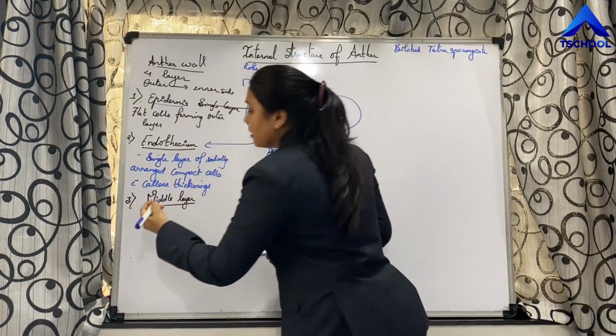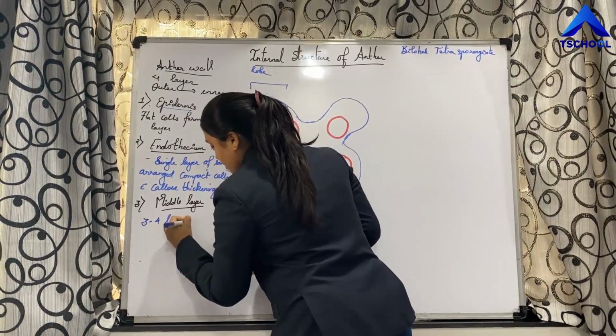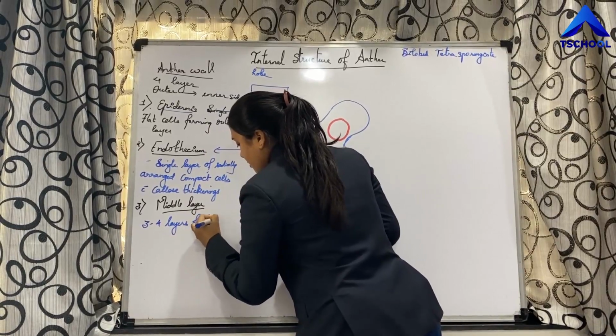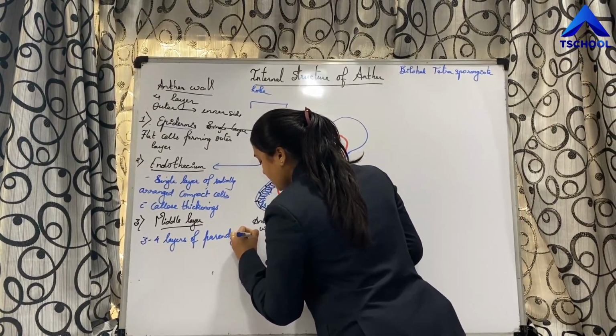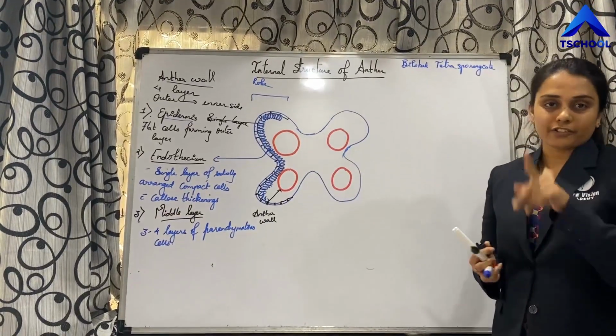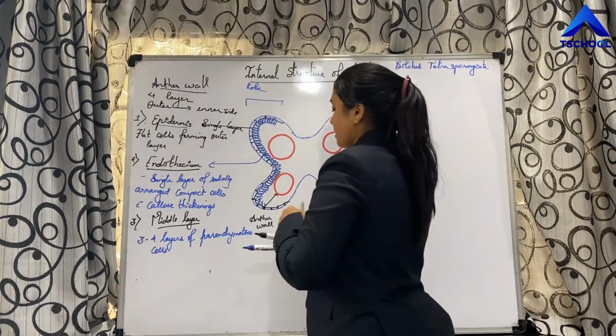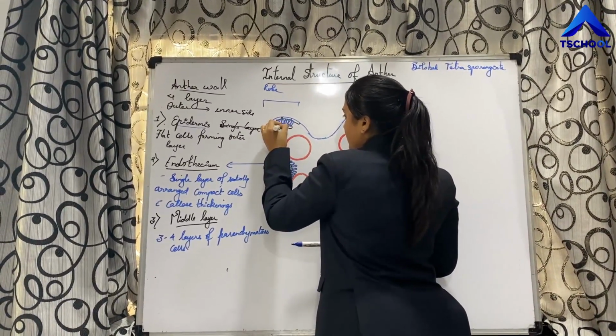It consists of 3 to 4 layers of parenchymatous cells. So again we will draw the next layer.